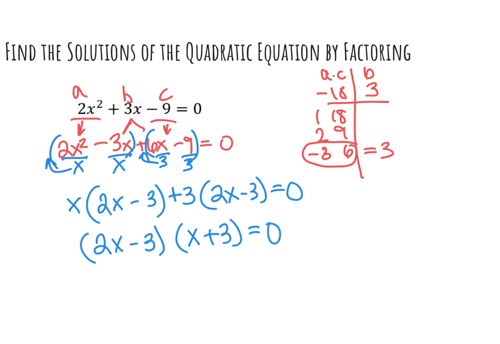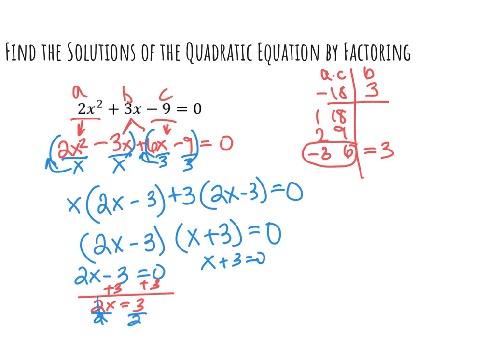Now, because I'm solving, I need to take each of those factors and set each factor equal to 0, and this will give me my solutions once I solve. So for the first one, I'm going to add 3, and then I'm going to divide by 2.